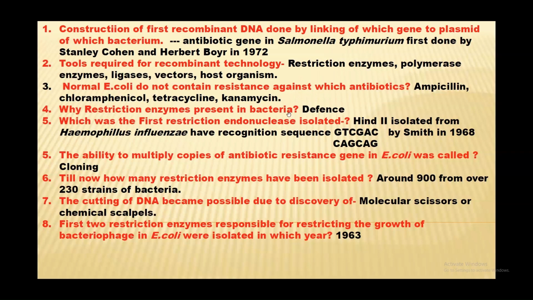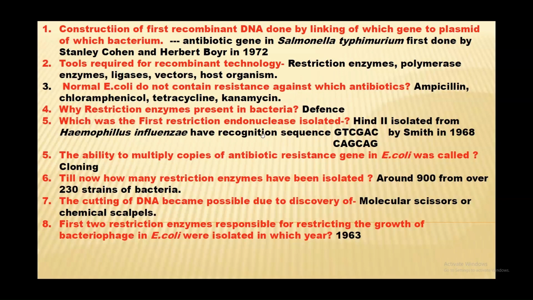And fifth question, which was the first restriction endonuclease isolated? The first restriction endonuclease is HindII, isolated from Haemophilus influenzae bacteria. This restriction enzyme has the recognition sequence GTCGAC.